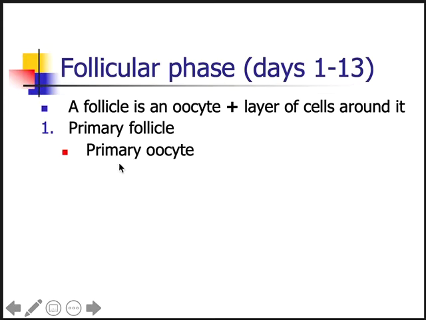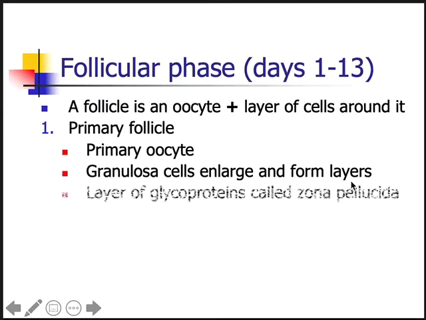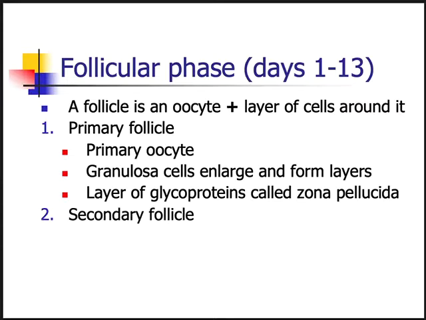It has a primary oocyte. It also has granulosa cells, and as this follicle develops and grows, those granulosa cells enlarge and form multiple layers around the oocyte. Then you also get your zona pellucida forming, right? And that's the layer of glycoproteins.